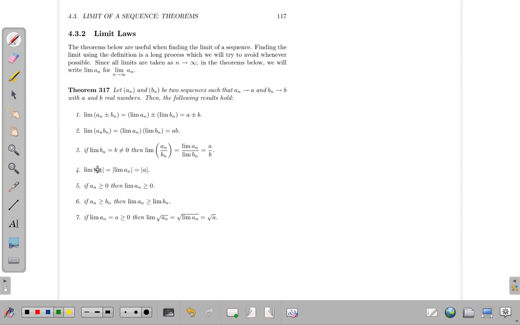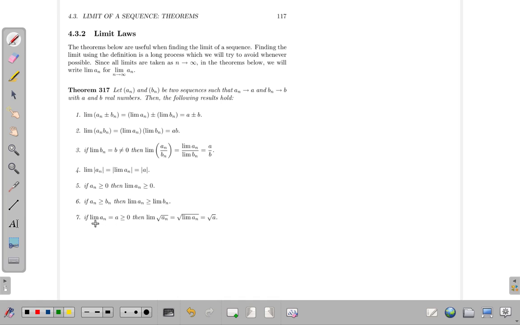If you have the modulus of the function and you find the limit of it, it's the same as finding the limit of the function and then finding the modulus. They'll be equal. If you have a function that is positive, then the limit of that function will also be positive. It will never become negative. If you have a function an greater than the function bn, then the limit of an will also be greater than the limit of bn.